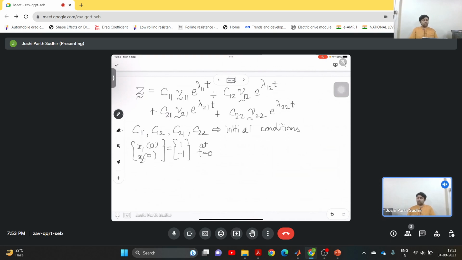So by substituting these initial conditions, we can get the values of the unknown constants C11, C12, C21 and C22, and then we will basically get the final response of the system.